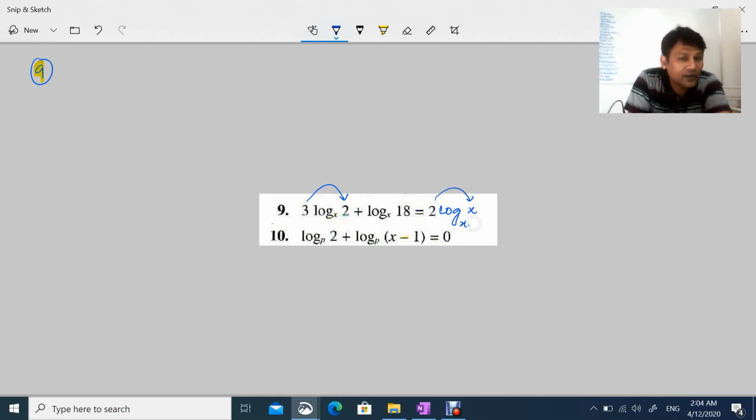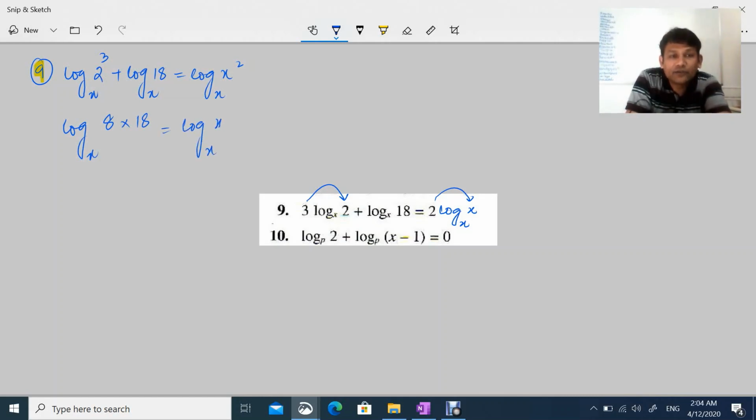Okay, so the first part is log x 2 power is 3 plus log x 18 is equals to log, what we can write, x and x power is 2, single log we can write log x, this 2 cube is 8 and plus means we have to multiply with 18, then in the right hand side you have to write log x and x square.